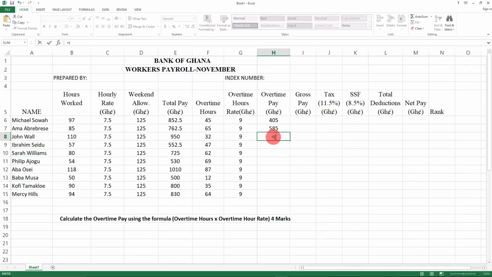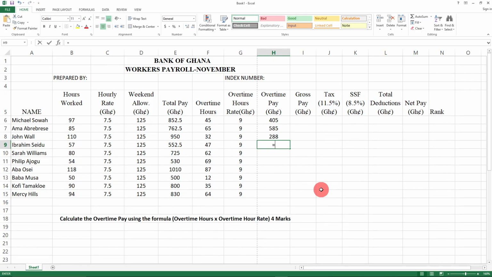John Wall is F8 by G8, which is the overtime hours rate. We are done.